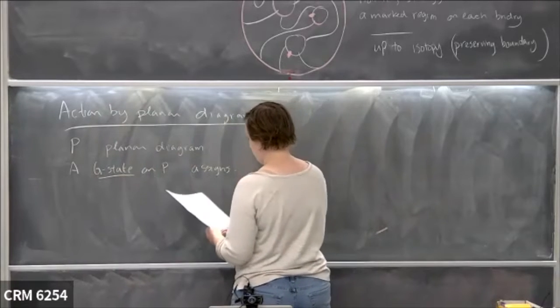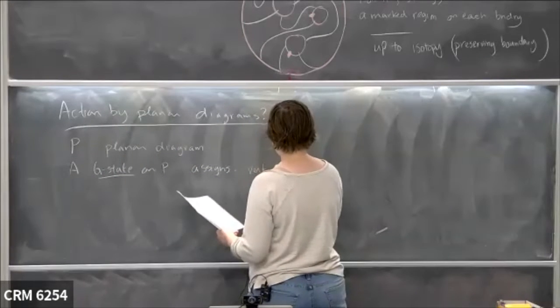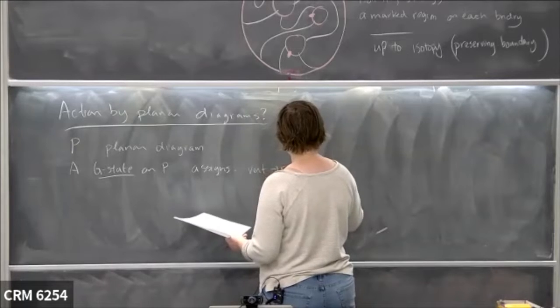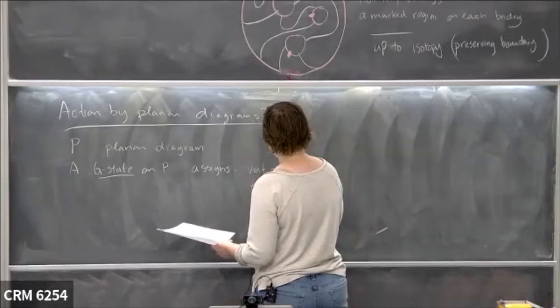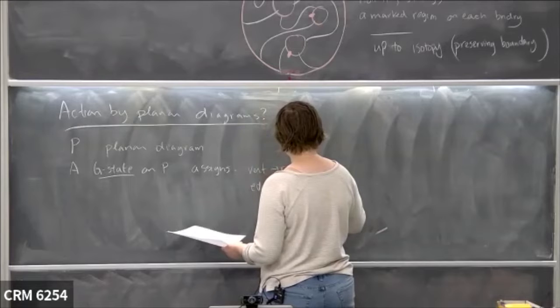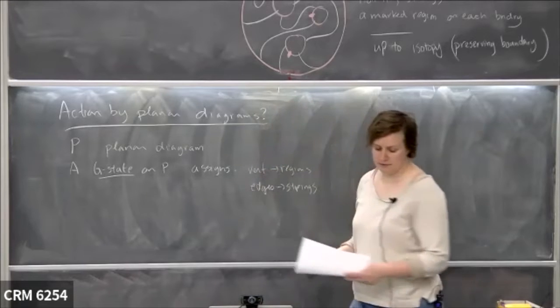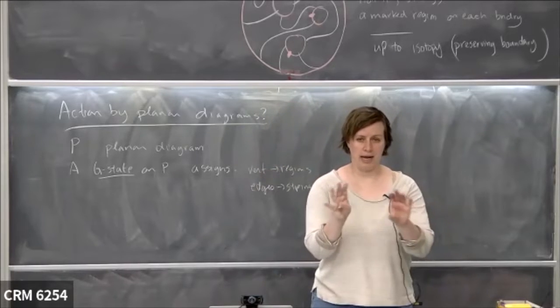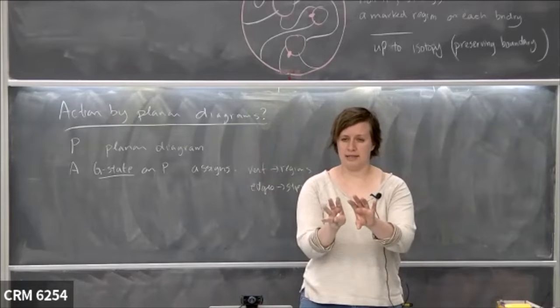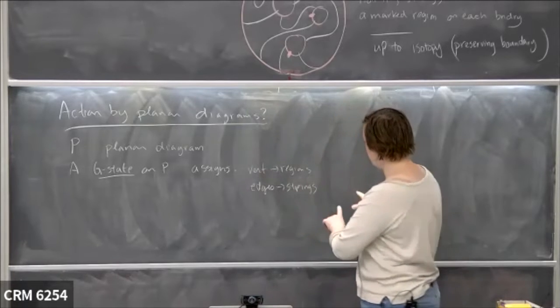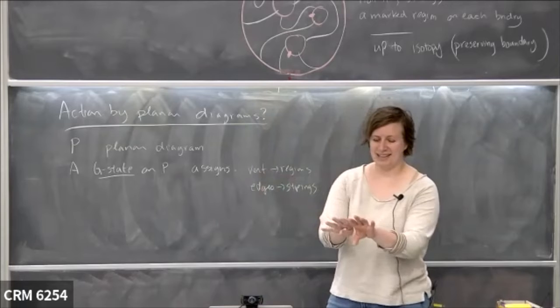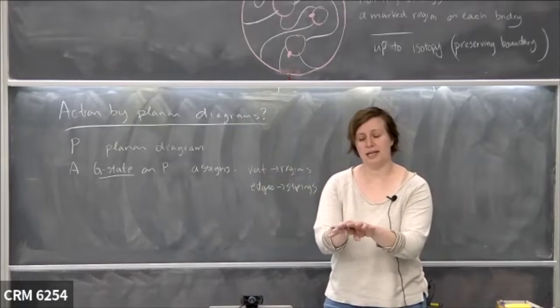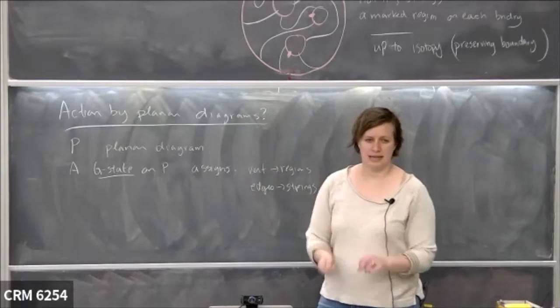So vertices get assigned to regions, and if two regions share a string, then the edge assigned to that string should connect the vertices assigned to those regions.